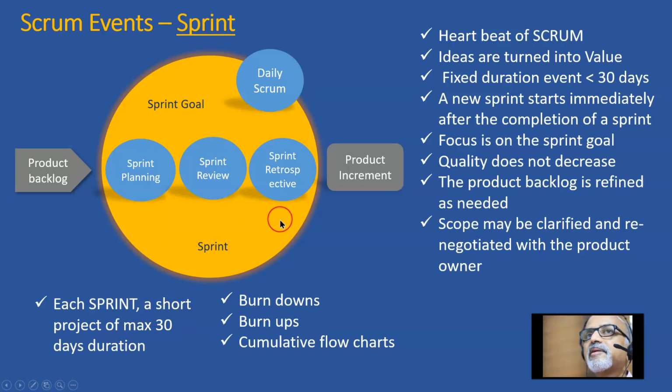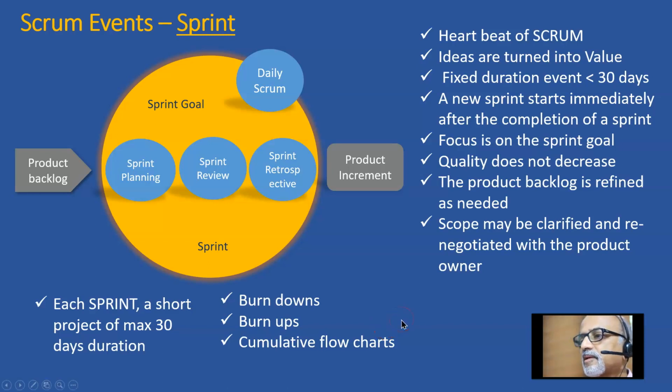To monitor the progress of the sprints, the teams may use burn downs, burn ups, and cumulative flow charts. Again, it is not mandated by the Scrum guide. Some people use earned value for agile for Scrum. That is okay. It is up to the team.